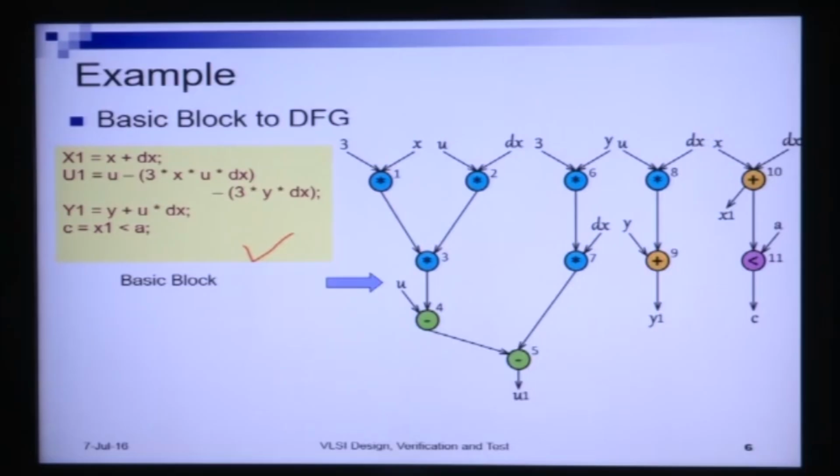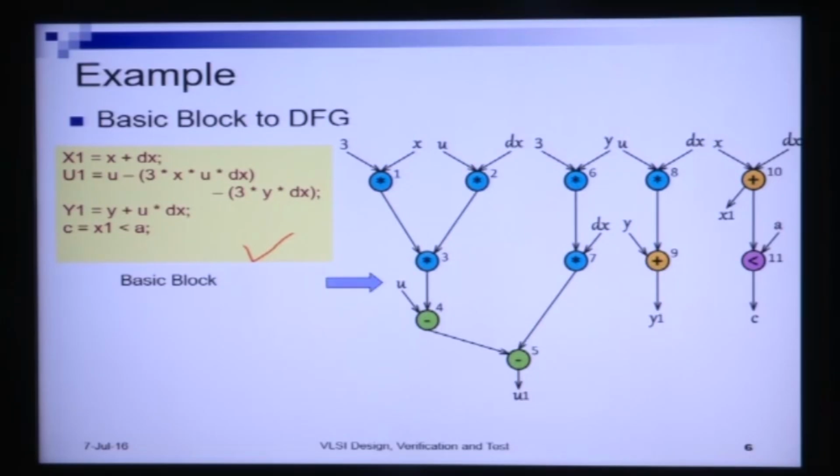Operation 7 performs the operation 3 into y into dx, and then here operation 4 performs u minus 3 into x into u into dx, and in 5 we obtain the final u1.